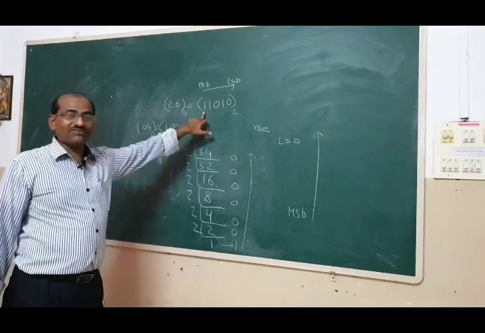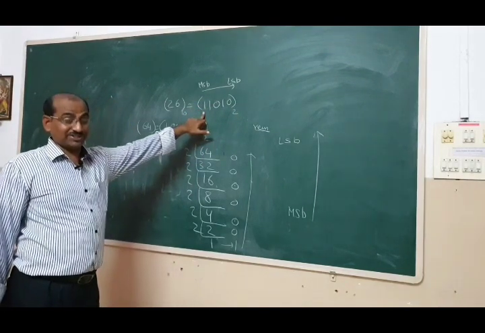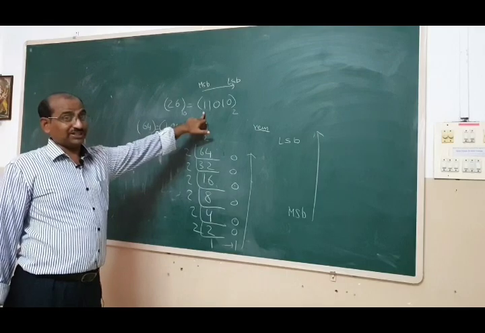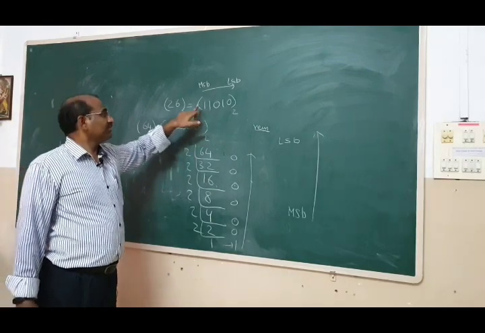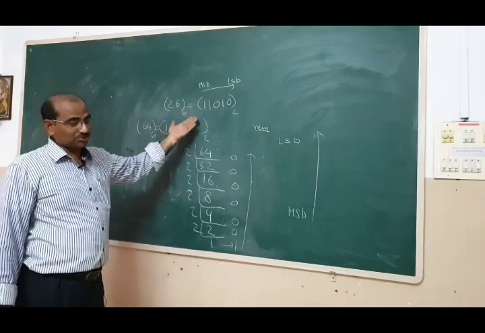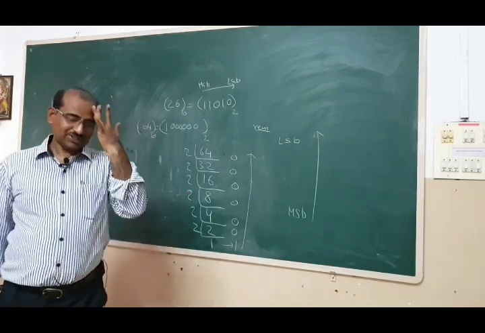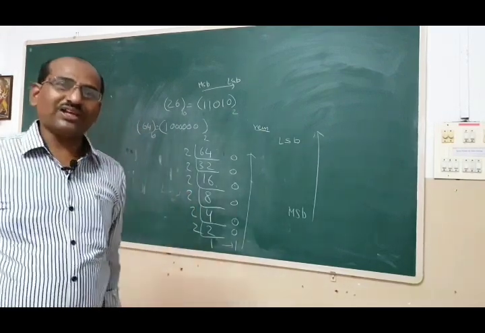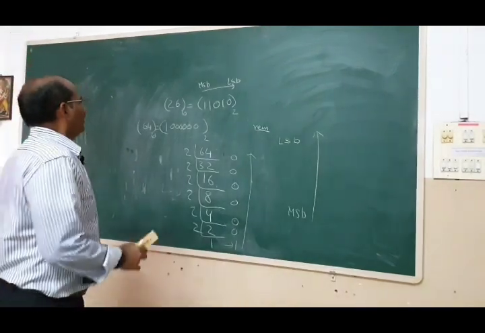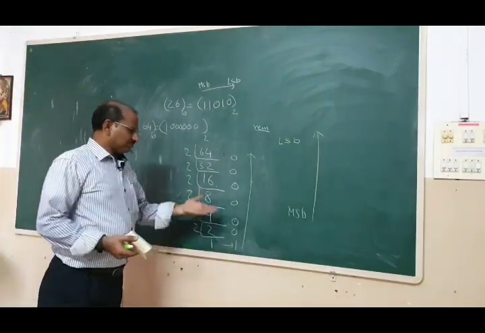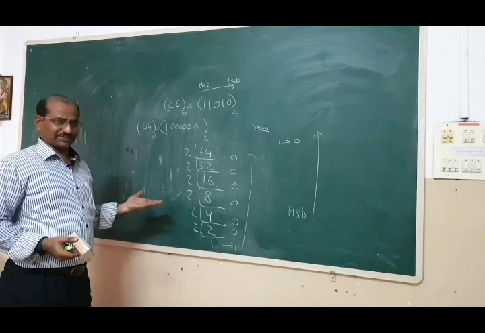So we are having only 5 bits here. 2 nibbles means you should get 8. Then what you do? Just add 3 zeros to the left. Whenever you face such a problem, just add zeros to the left. That is enough. Now I hope these 2 examples are enough.